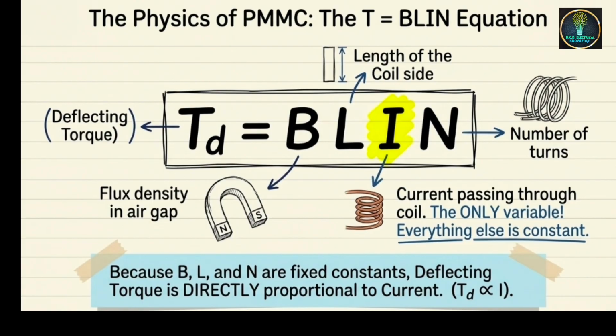Deflecting torque TD is directly proportional to the current. That is, TD is proportional to I. This is the physics of PMMC, that is, permanent magnet moving coil instrument.